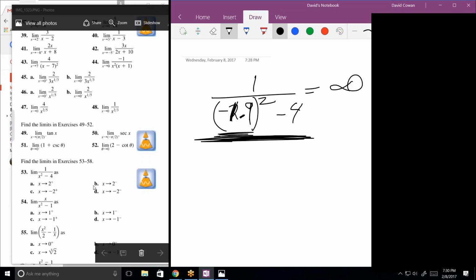So that would be, because this becomes a positive number close to 4, but like 3.9. In other words, you would end up with 1 over a positive 3.9 minus 4. That's a negative denominator, which means that thing goes to negative infinity. So A goes to positive infinity, B goes to negative infinity.